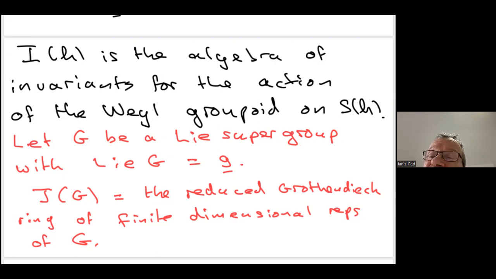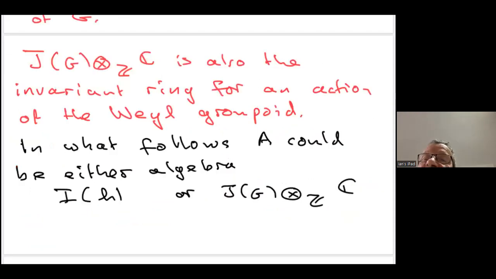Okay, so mainly I will work with I(H), but the theory also applies to the complexification of J(G). Both are invariant rings for an action of the Weyl groupoid. So in what follows, A could be either of these algebras.